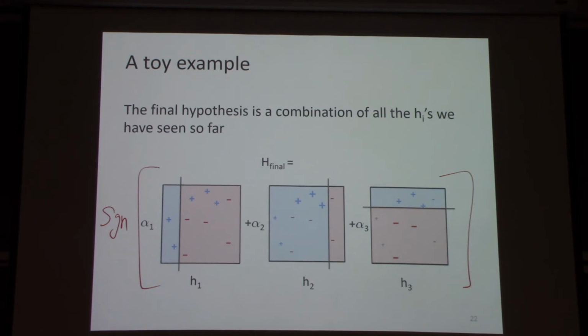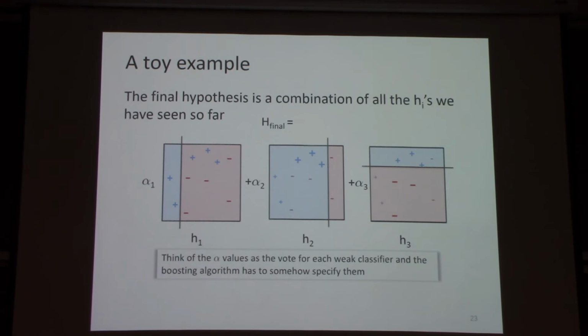Are there questions? So the overall classifier weights the importance of the miniature classifiers, and the miniature classifiers weight the importance of the examples. Yes, that's right. And so think of these alphas as a vote. Every weak classifier, H1, H2 and H3, each of them makes a prediction and it gets a vote.